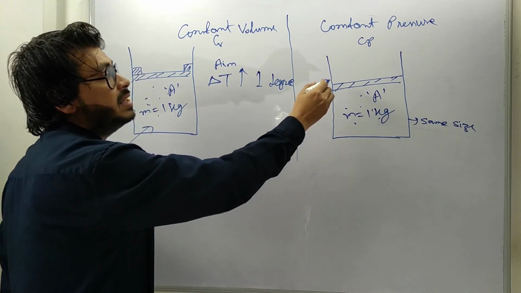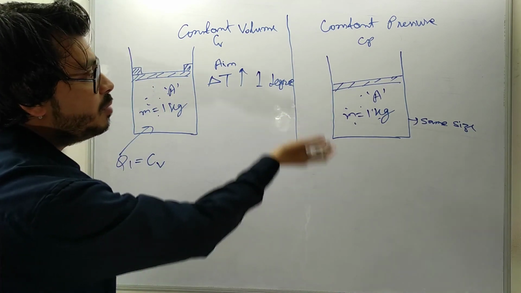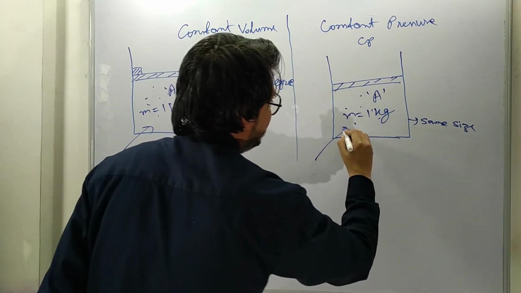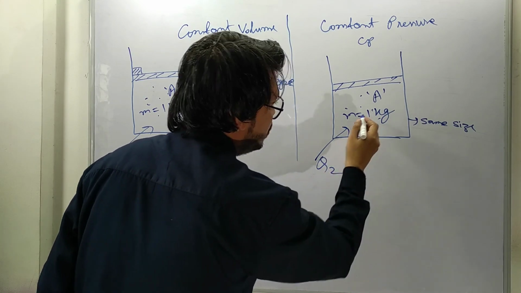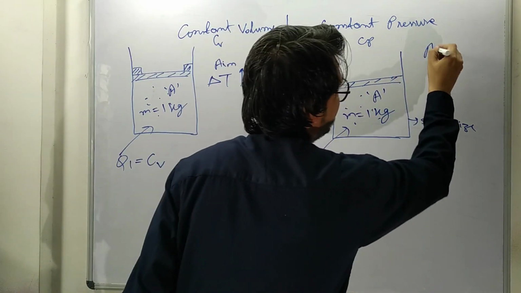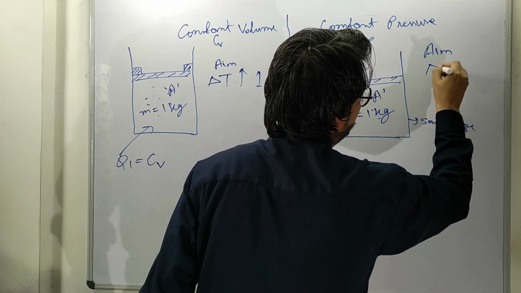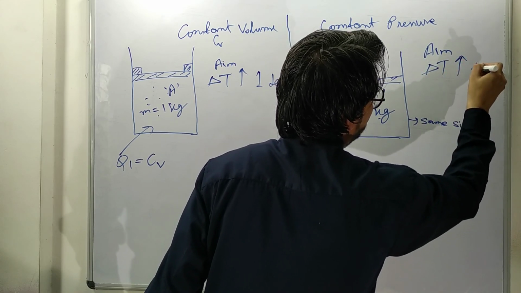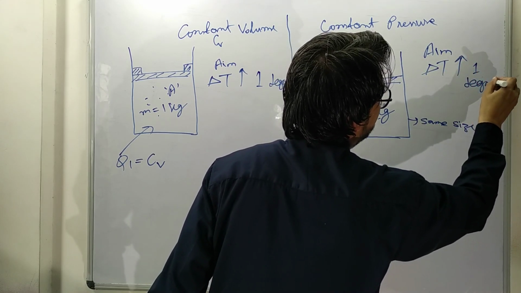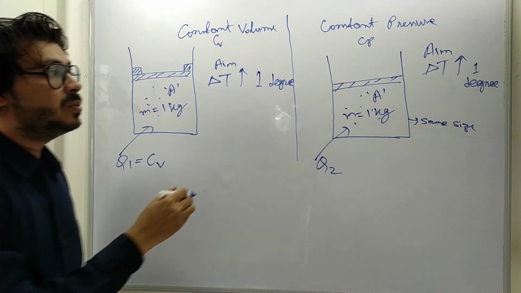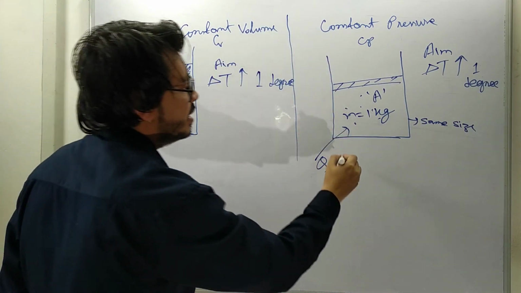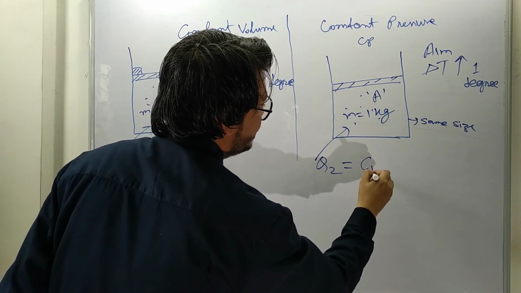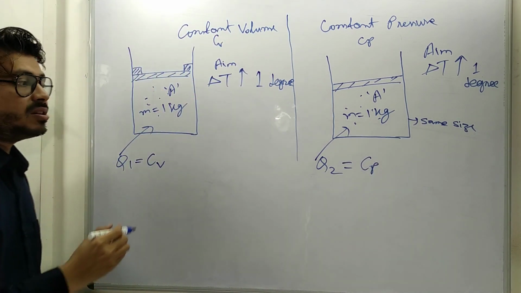Now there is no stopper, it is free to move up. Heat Q2 is supplied, because here also we have the same aim to raise the temperature by 1 degree. So to fulfill this condition, we supply heat Q2, and this heat is equal to Cp, that is specific heat at constant pressure.